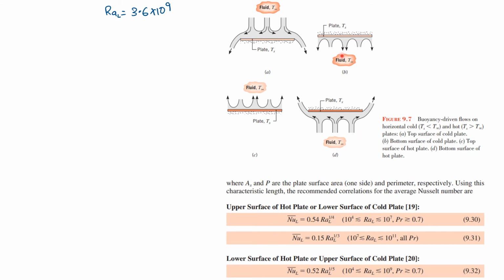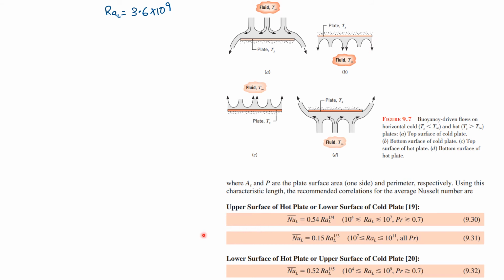And if you realize, figures A and D are mirror images about the plate axis, and figures B and C are mirror images about the plate axis. So that means that the correlations in these cases will be almost similar, like the correlation for A and D and the correlation for B and C.